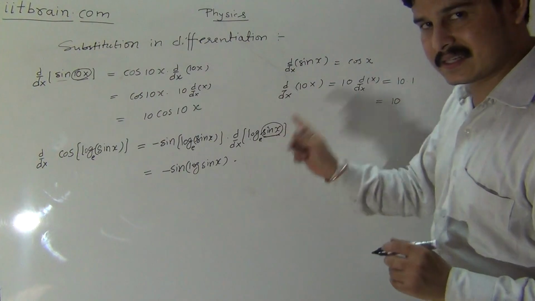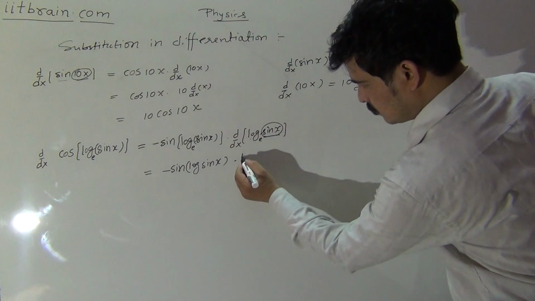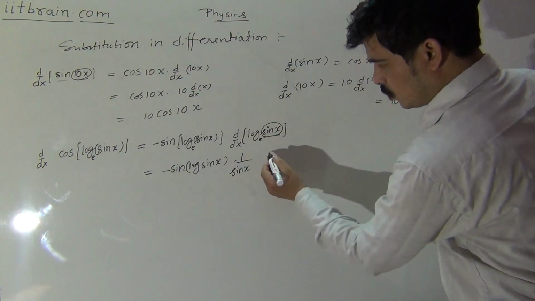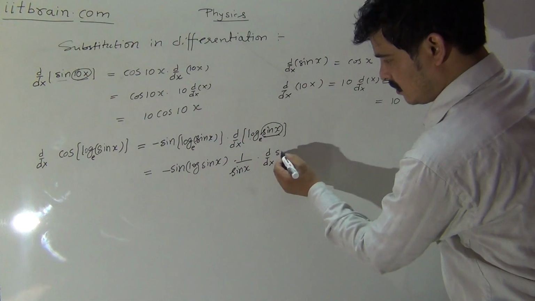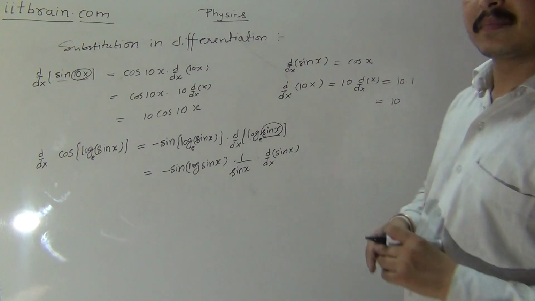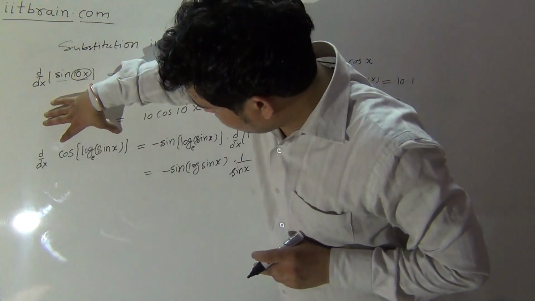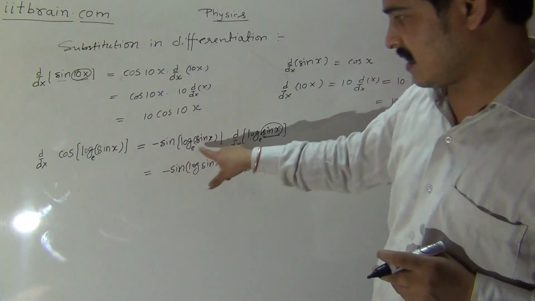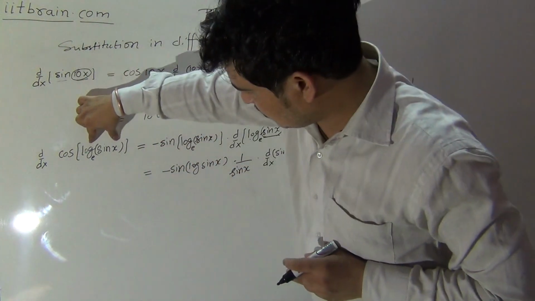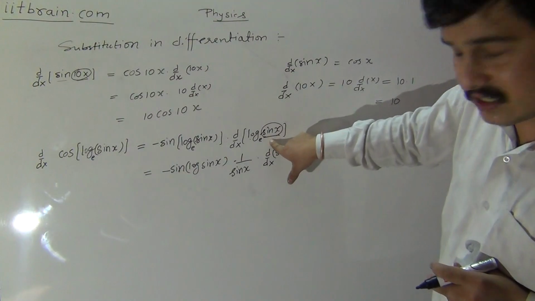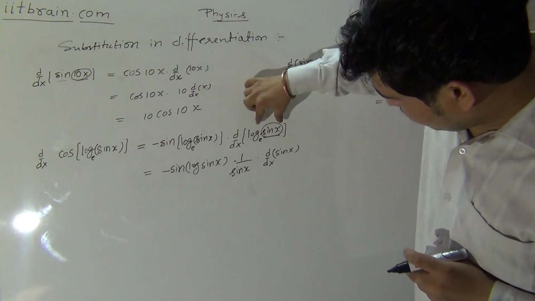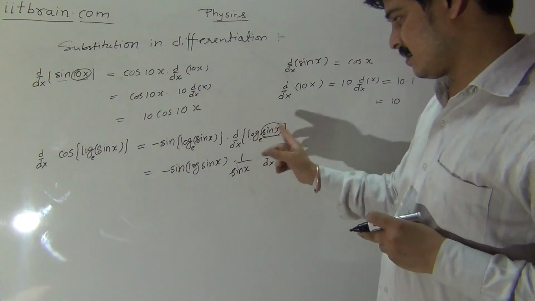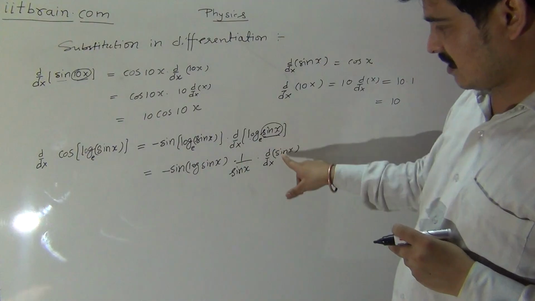So formula of log e base x is 1 by x, so log sin x is 1 by sin x, but here sin x takes the place of x, so once again you should differentiate sin x alone. पहले इस पूरे पार्ट के लिए इसे x कंसीडर किया, then differentiation of cos x is minus sin x, जिसे x कंसीडर किया आपने, once again उसको डिफरेंशिएट करेंगे आप. उसे डिफरेंशिएट करने के लिए आपने sin x को x कंसीडर किया, so log x is 1 by x, and differentiate sin x once again.